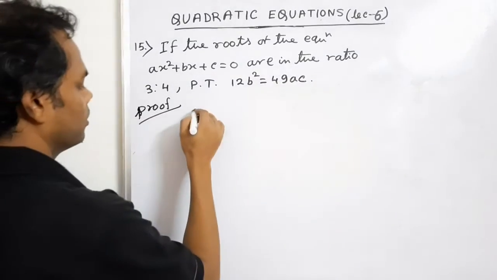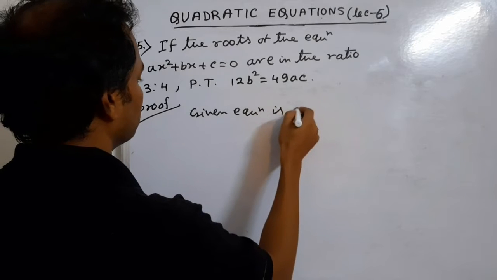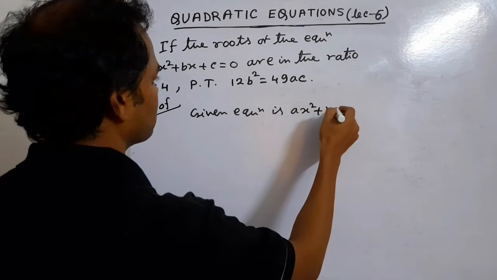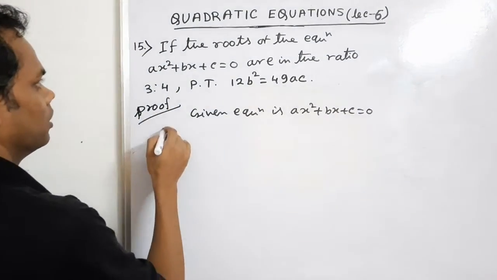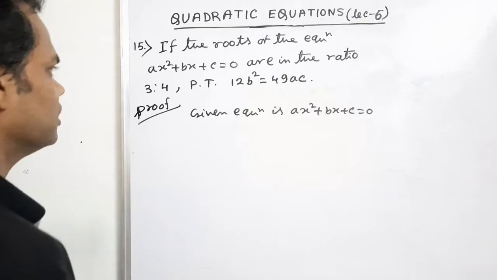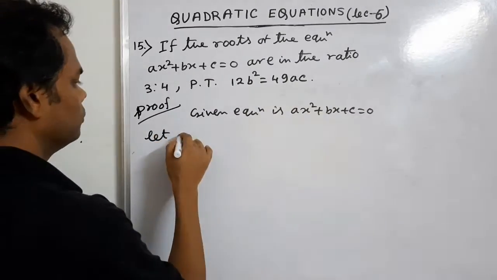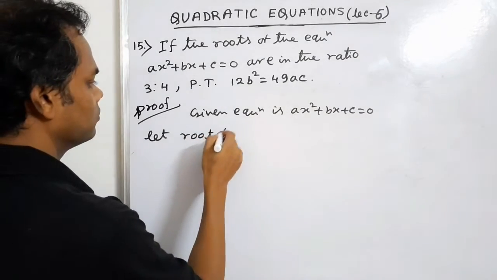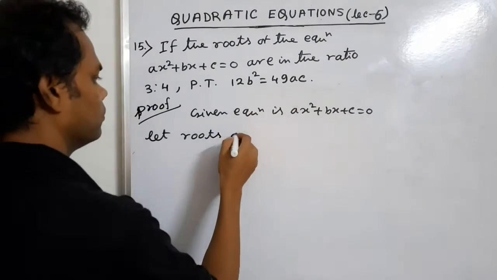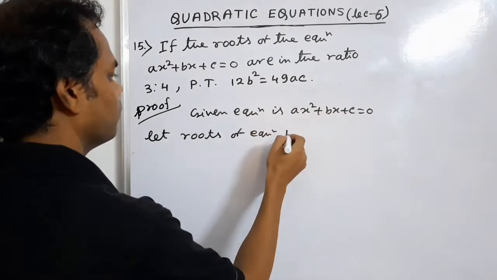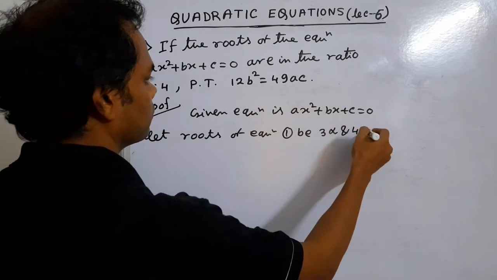Prove. Given equation is ax square plus bx plus c equal to 0. Here given that roots are in the ratio 3:4, then let us assume, let roots of equation 1 be 3 alpha and 4 alpha.